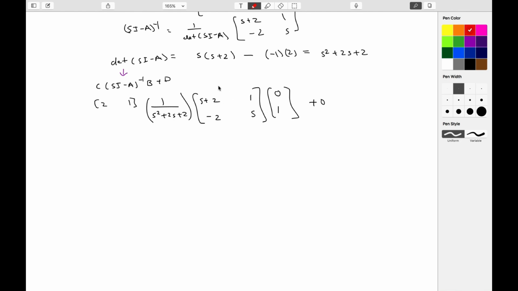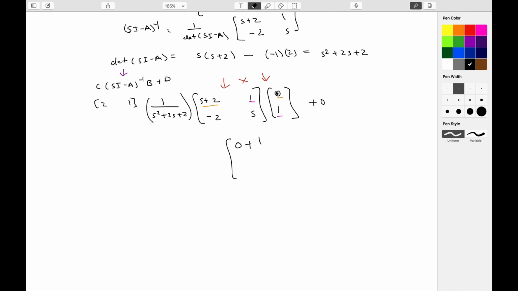So what we want to do is make sure that we can execute this multiplication. What I might want to do is start with this part multiplied by B. The reason for that is that it will make this a little bit easier. So remember, to get the first entry here, what I do is I take s plus 2 multiplied by 0, so that's going to be 0, and then add it to 1 multiplied by 1, so that's going to be 0 plus 1.